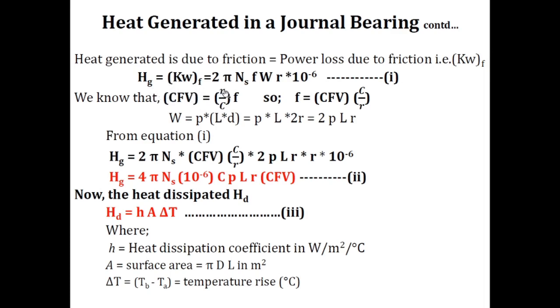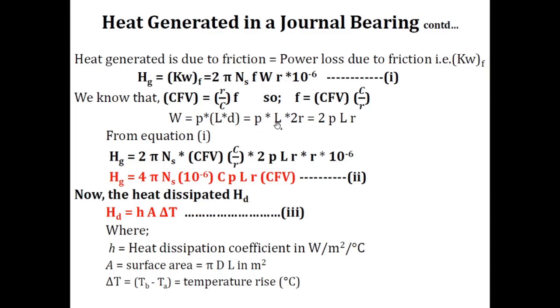Now again, in the previous method we have seen the coefficient of friction variable is given by the relation R upon C into f. So this equation will give you the value of the coefficient of friction, that is CFP into C upon R. We know W is equal to P into L into D, the bearing pressure being W upon L into D, where D is the diameter of the journal or bearing, which can be written as 2R.